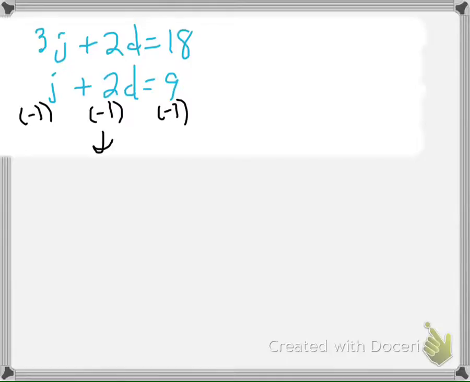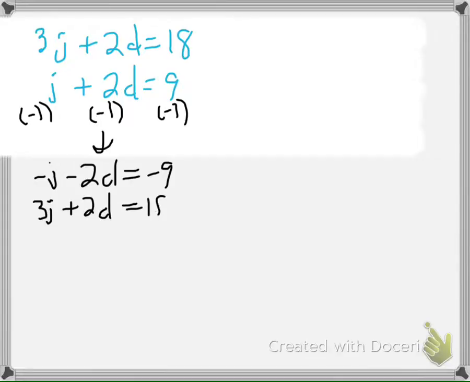So now that becomes -1 times J is -J, 2 times -1 is -2D, 9 times -1 is -9. Now I'm going to copy back the first equation so I can add them together. -1J plus 3J is 2J.